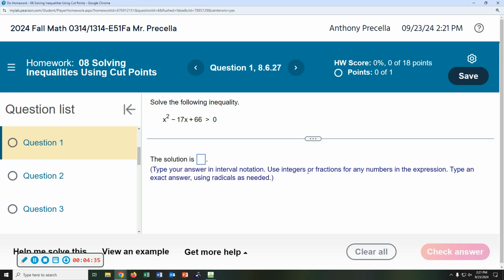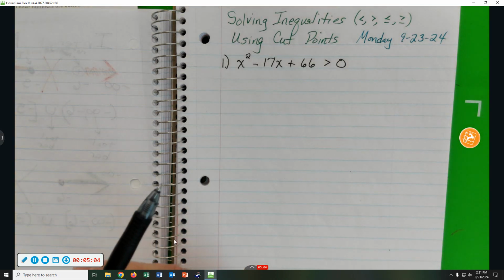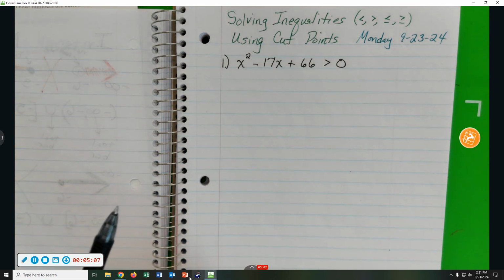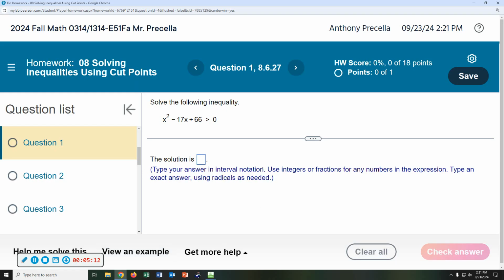And just like that student said, you've got to pay attention to the instructions. Solve the following inequality. An inequality is what you call one of these things that has a less than or greater than symbol in it. And then the instructions also say type your answer using interval notation.